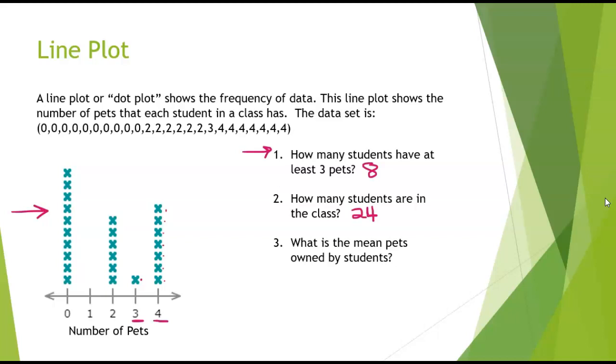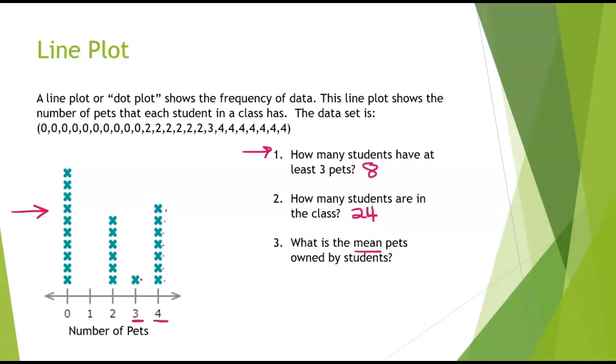So now we have to figure out what is the mean pets owned by students. Well, there's that word mean again. Okay, we have to add all these data points together. 0 plus 0, 10 zeros, plus 1, 2, 3, 4, 5, 6 2's plus a 3 plus 7 4's.